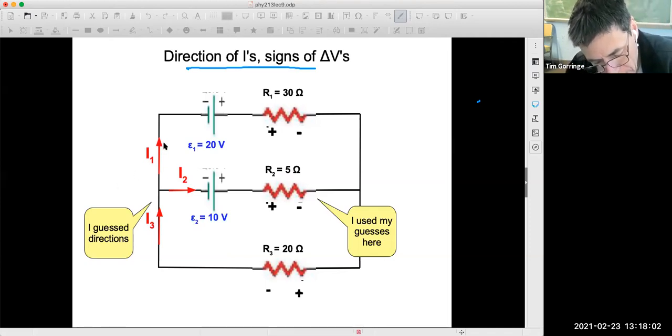I'm just guessing and labeling the three currents in the three arms of the circuit. And look, in each case, I1 is flowing through the top arm of the circuit. I guessed it's going from left to right. I2 is going through the central portion of the circuit. I also guessed it's going from left to right.